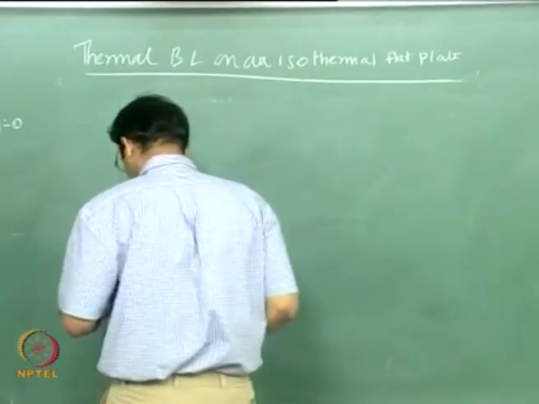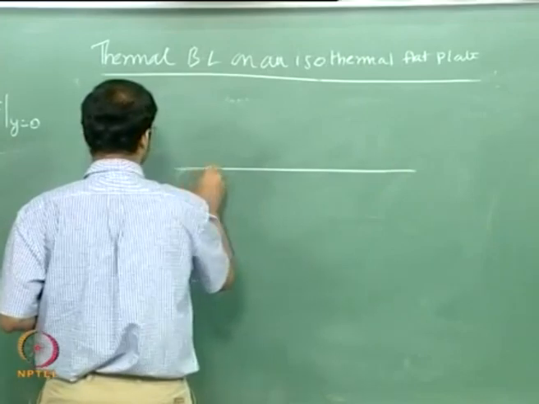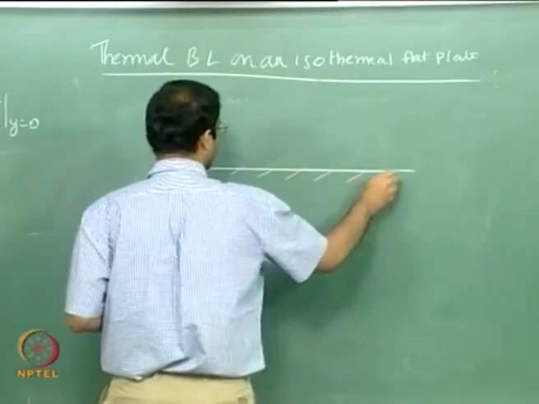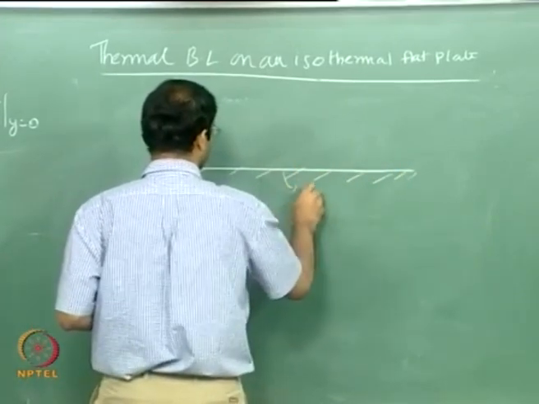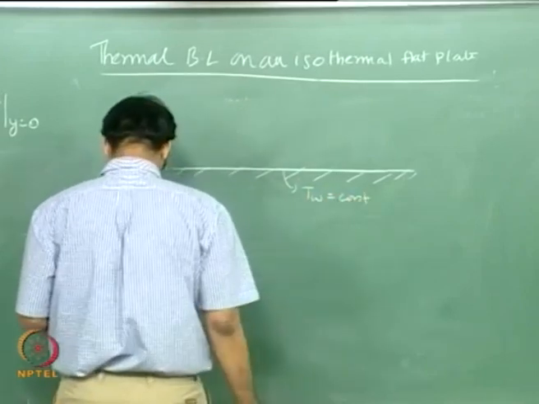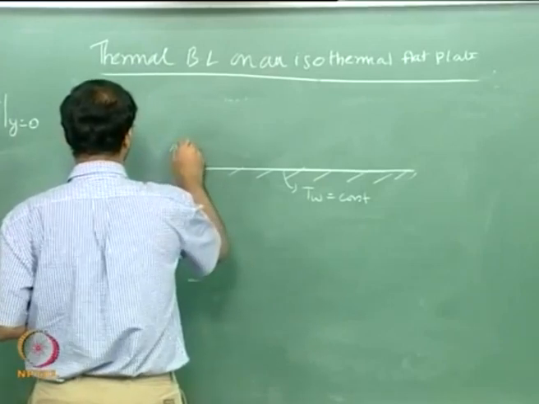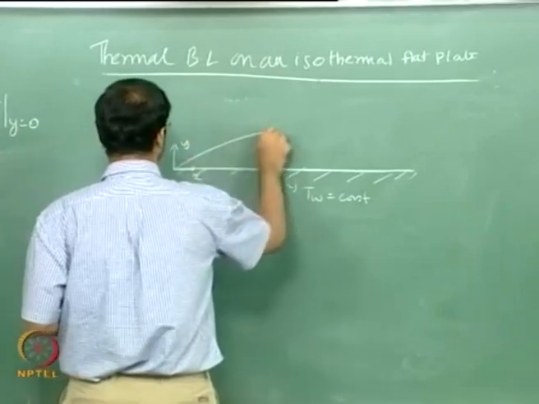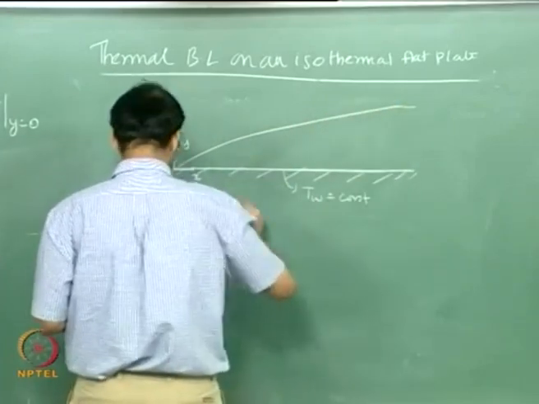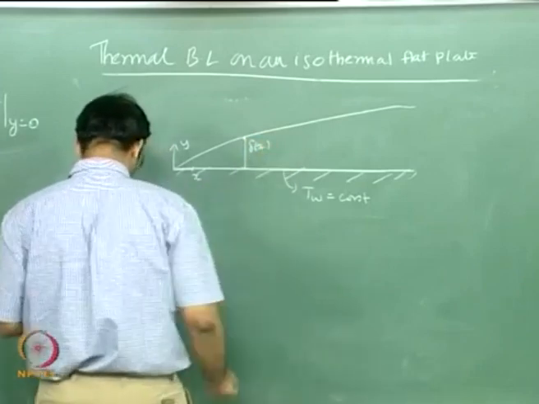Apart from the development of the velocity boundary layer, you also maintain a fixed wall temperature, which is uniform, and this is your coordinate x and y. So your velocity boundary layer grows and your boundary layer thickness keeps increasing with the axial location.